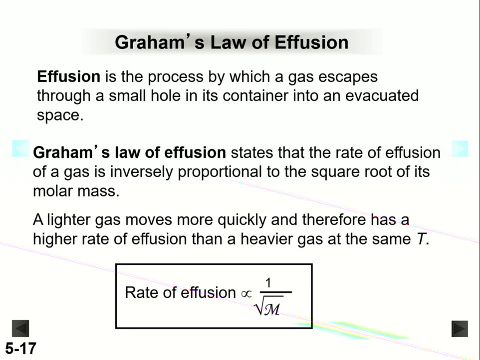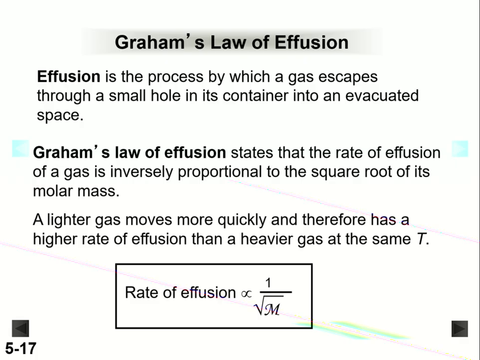This leads us to Graham's law of effusion. Effusion can be visualized as follows. Imagine you have 2 containers that are attached to one another. One container has a gas, and the other container is empty. It's been pumped out with a vacuum pump. Now, if we open a small hole between the 2 chambers, gas can leak from one side into the other side.